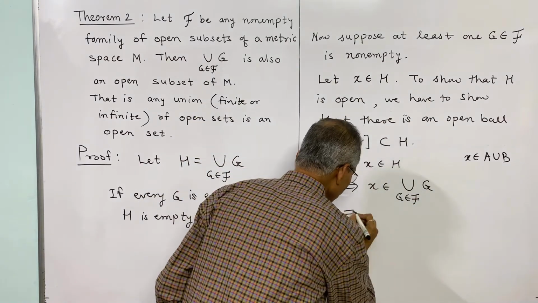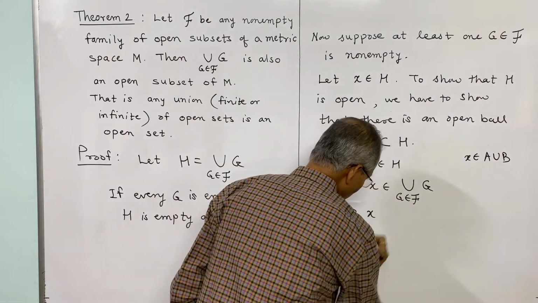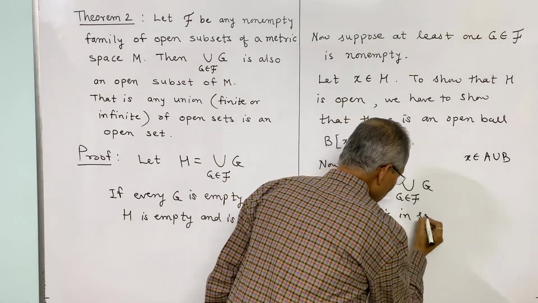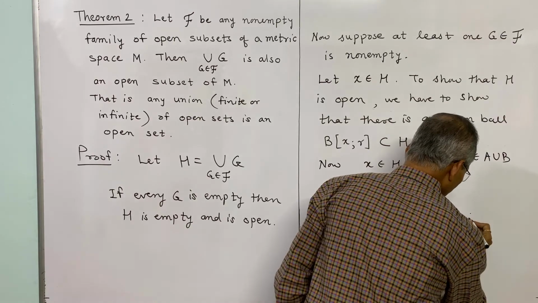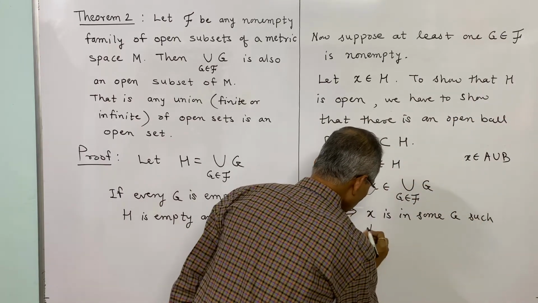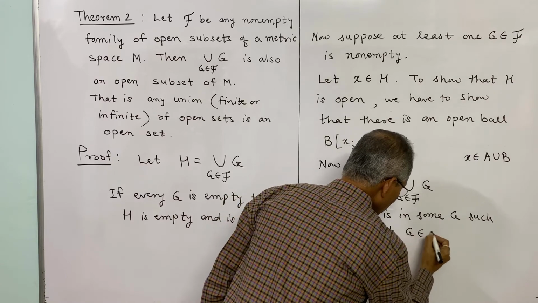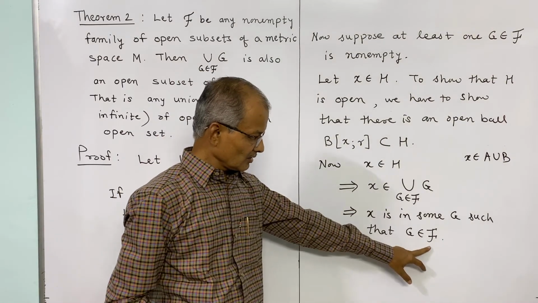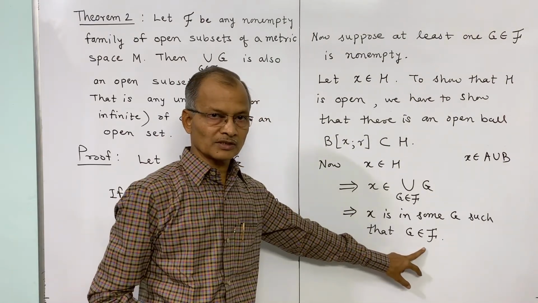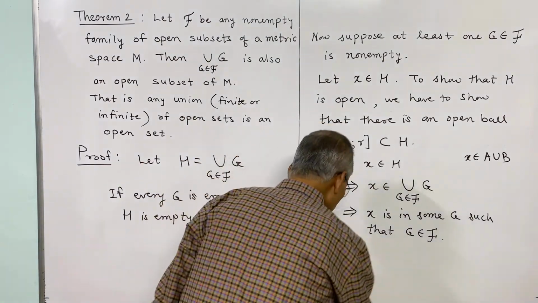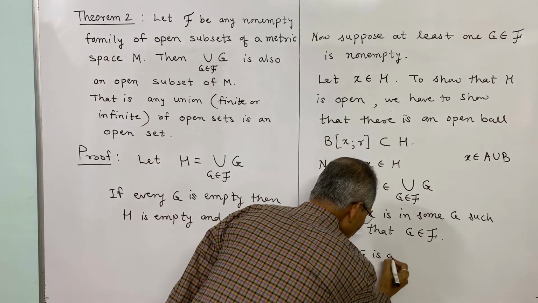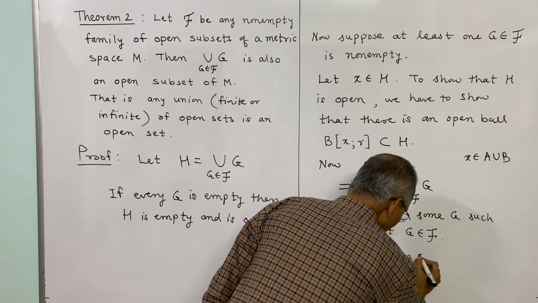So this implies x belongs to some G, such that G belongs to F. And F is a collection of open sets, so G is open. So this implies G is an open subset.